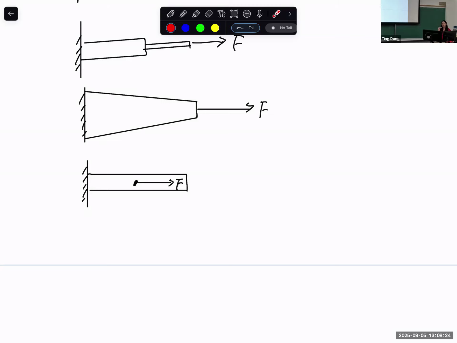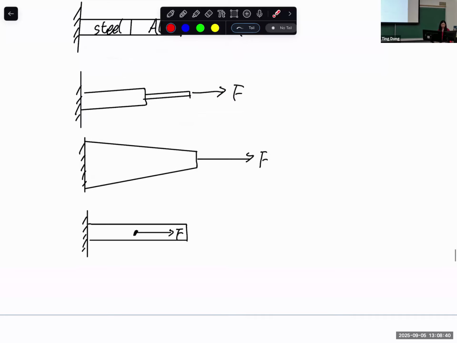You put a sign there, and dividing by the cross-section area, which is always positive, the sign stays. If it's a compressive internal force, you get a compressive stress. If it's a tensile internal force, you get a tensile stress. So the sign is always there. So now this is the complete theory part of our bar element. Of course, for the repeated parts of the derivation, you can check the textbook or come to my office hour.